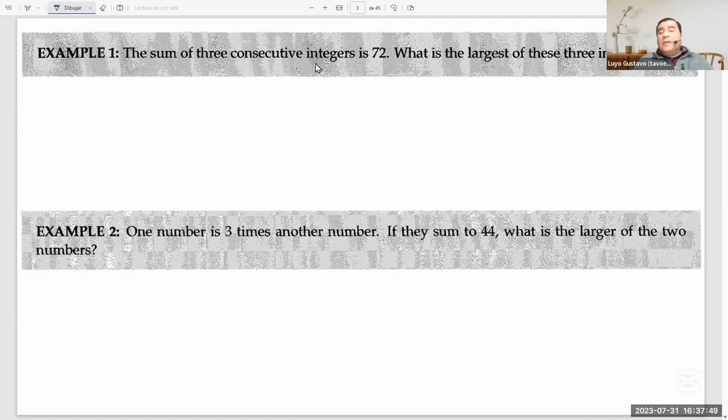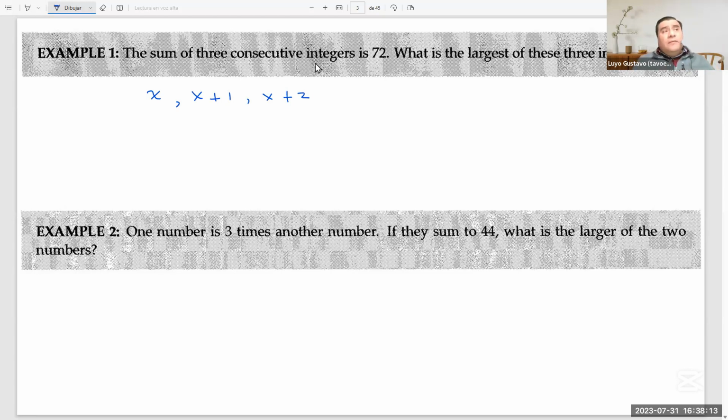How can we represent three consecutive integers? Well, one possible way is to say that they are like x, x plus 1 and x plus 2. Those expressions represent three integers whose difference is 1 unit to the next.